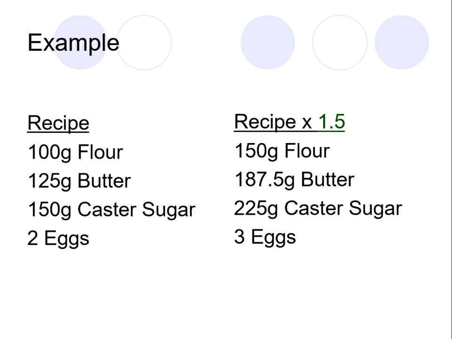Our 150 grams of caster sugar multiplied by 1.5 gives us 225 grams of caster sugar, and our 2 eggs multiplied by 1.5 gives us 3 eggs. And so we've now converted the recipe over to the new proportions, and this recipe will now make the 15 cupcakes.